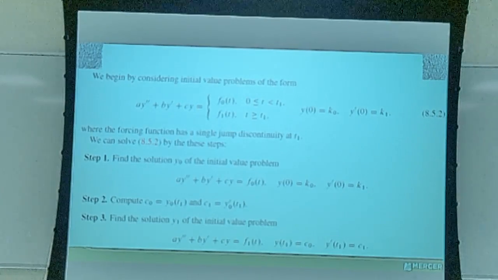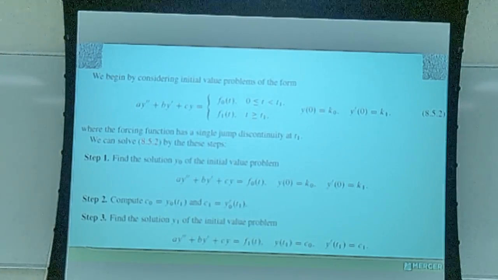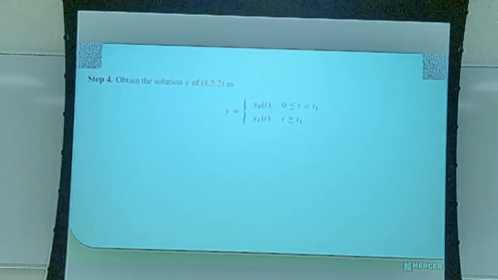Compute new values, C0 and C1, where it's y0 of T1 and y prime naught of T1. Then you find the solution of the initial value problem where your driving force is F1, and your initial value is now given by what you just calculated, C0 and C1. And then just write it in that form.